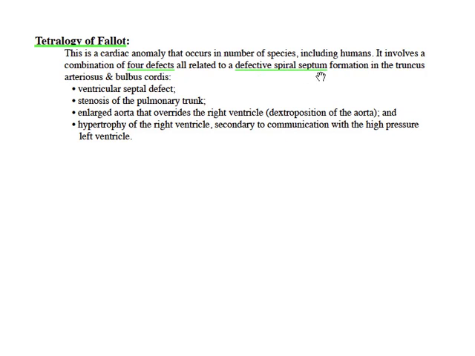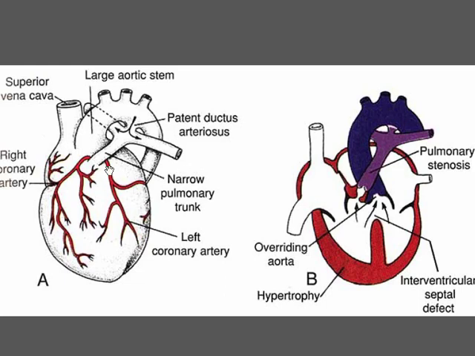This image illustrates the tetralogy of Fallot in a surface view and in a section through the heart. A basic problem is unequal partitioning of the truncus arteriosus, which results in a stenotic or narrow pulmonary trunk and an enlarged aorta. On the right, we can see all 4 defects. The stenotic pulmonary trunk is evident.